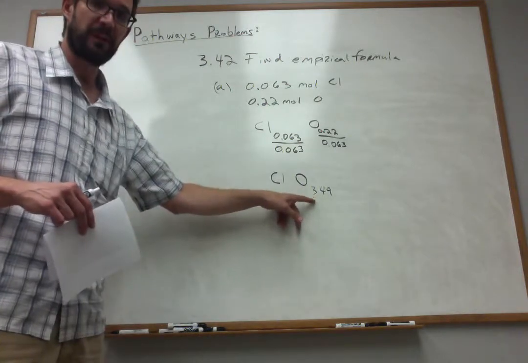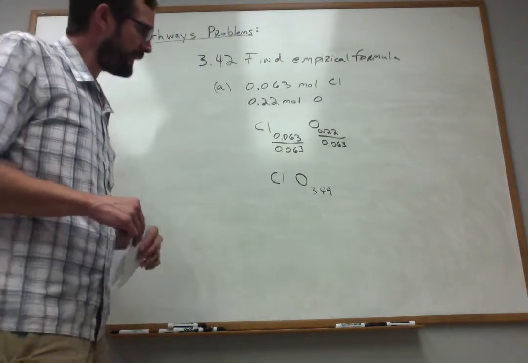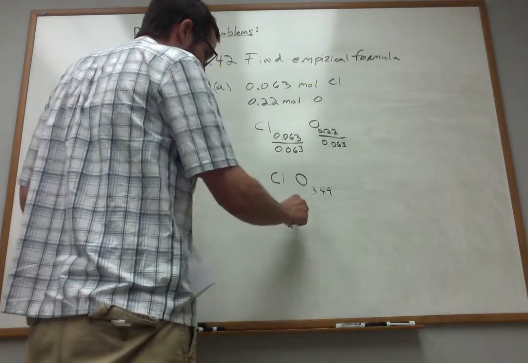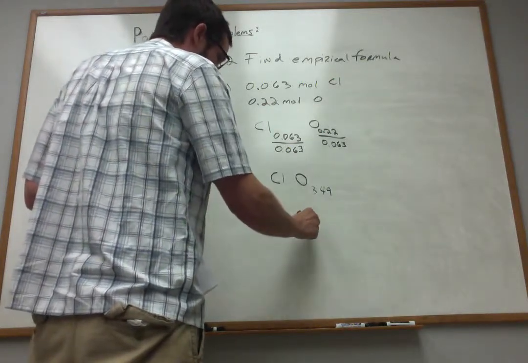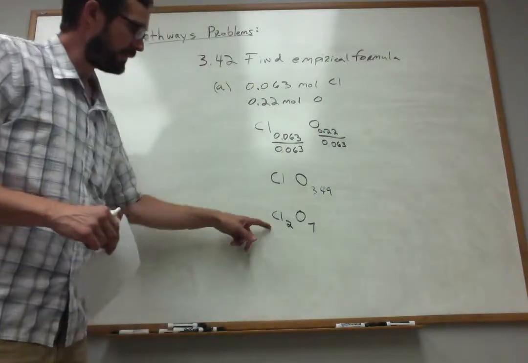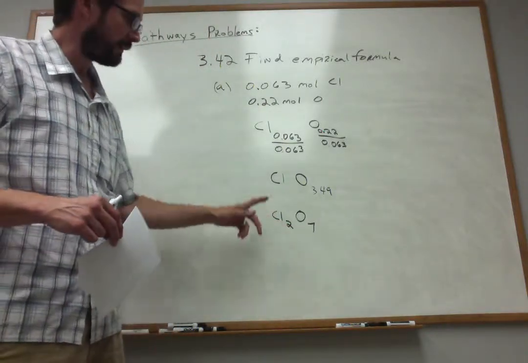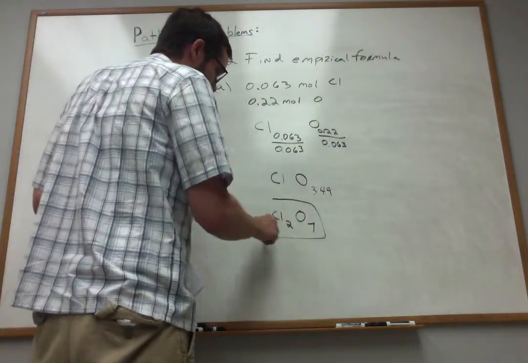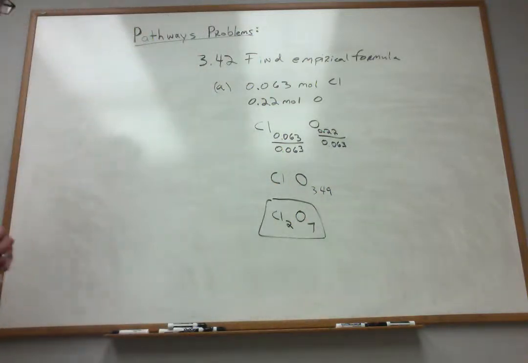Right about 3.5. What if I made this a 2 and I also doubled this one? Wouldn't it be a 2 to 7 ratio, which is the same as the 1 to 3.5? I think it would. And that would be my empirical formula.